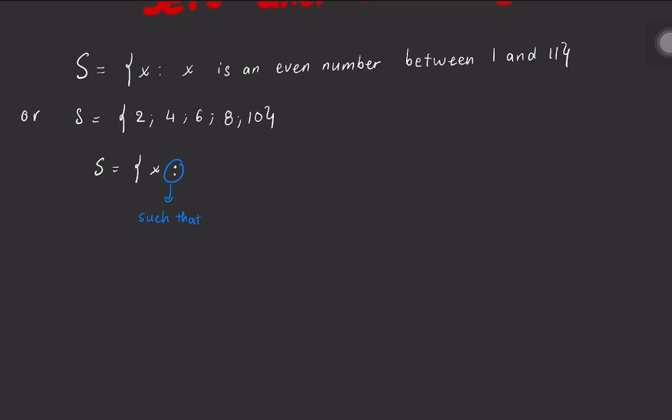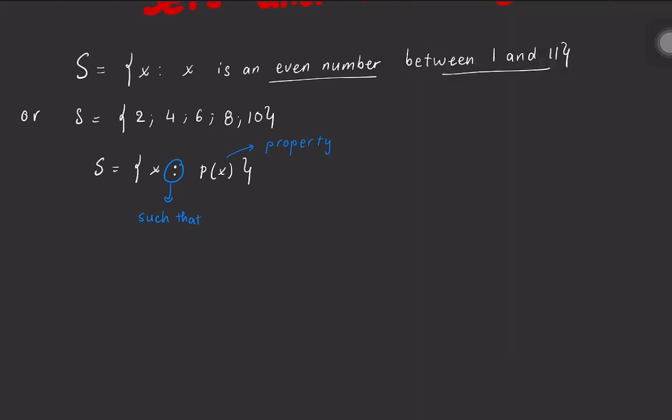And then after the semicolon, it's going to have some type of property, which is P(x). And here, our property is an even number between 1 and 11. So there is the property.